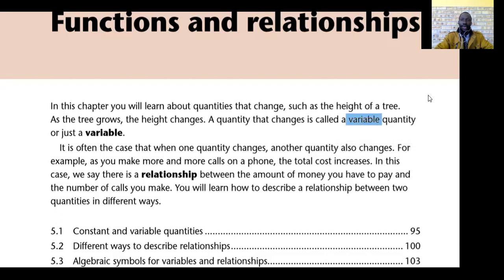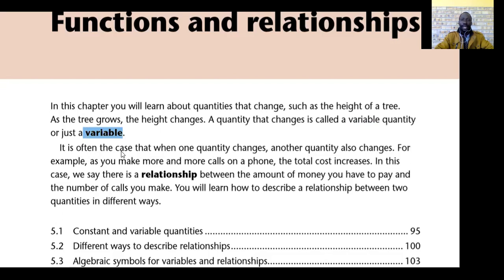So this is how we refer to a quantity which can change. Now, we may not refer to it generally as a variable quantity. We may simply refer to it as a variable.